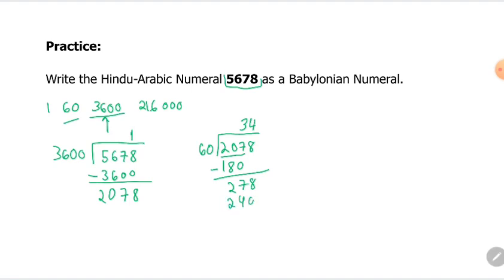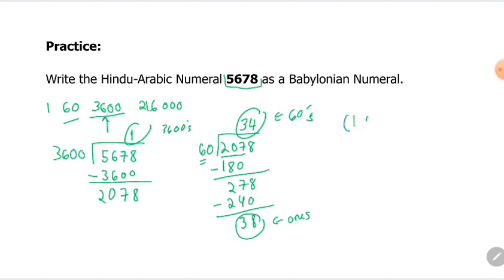Since 60 times 4 is 240. 278 minus 240, so we have a remainder of 38. That means we have 38 ones, 34 60s, and one 3,600.